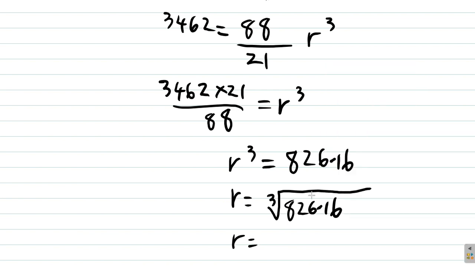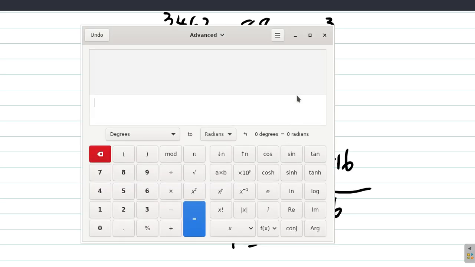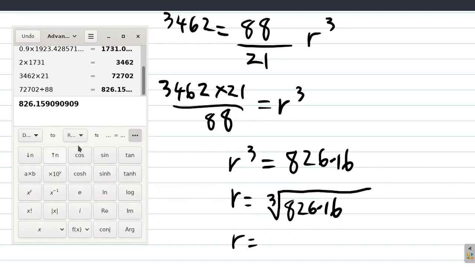So back to our calculator. Now the thing is, my calculator does not have a direct cube root on it. But remember, when you find the cube root of a number, it's the same as raising the number to the power of 1/3.